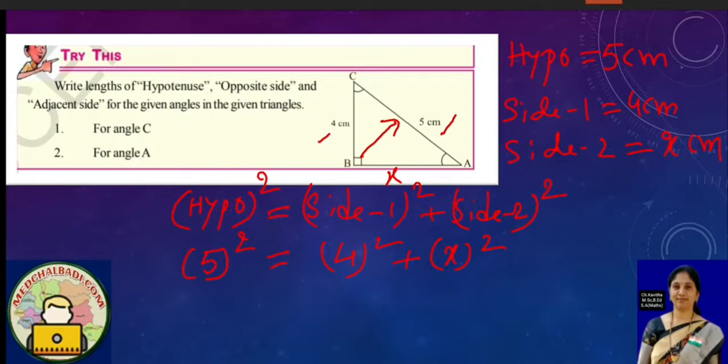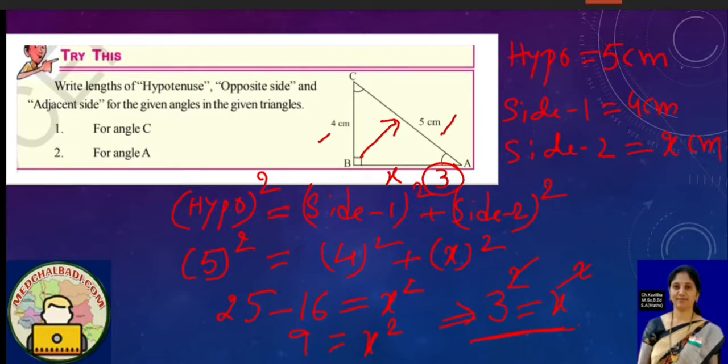Now simplify this. 5 square is 25, 4 fours are 16, so move it to the left side, it becomes minus 16, that is equal to x square. 25 minus 16 is 9. So 9 is equal to x square, we can write 9 as 3 square is equal to x square, so we get x is equal to 3. Like this, first we have to find this value. So x is equal to 3 here.